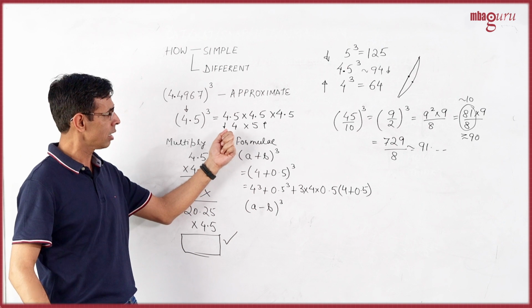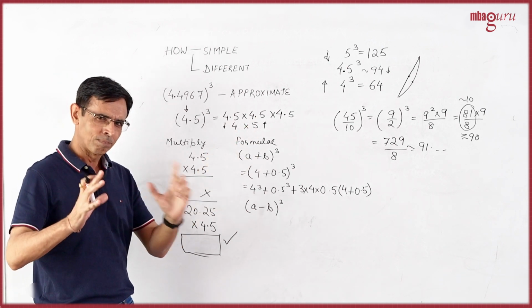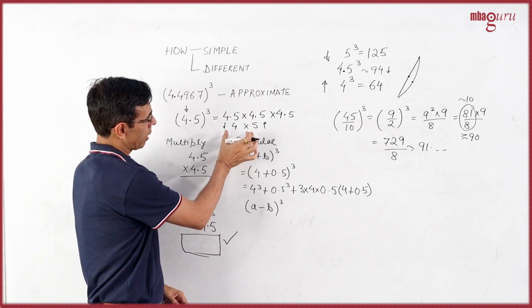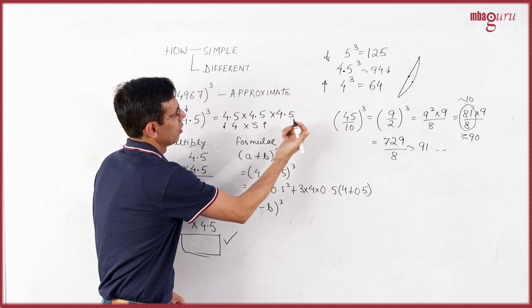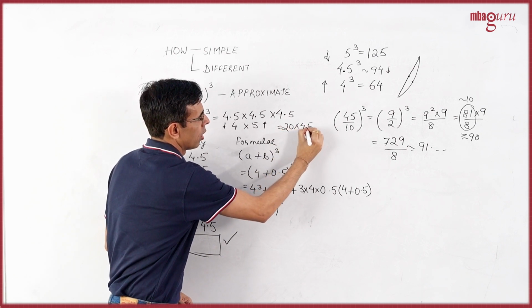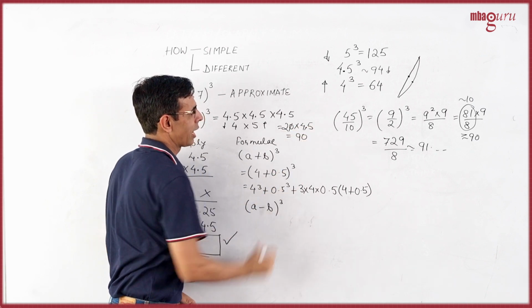So what I've done here is I've increased one of these slightly, decreased the other one slightly, so the impact is almost cancelled out. So this becomes 20 into 4.5, much simpler to deal with. 20 into 4.5, the 0 goes out, the decimal goes out, 2 into 45, again 90.